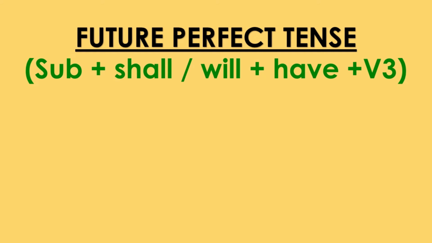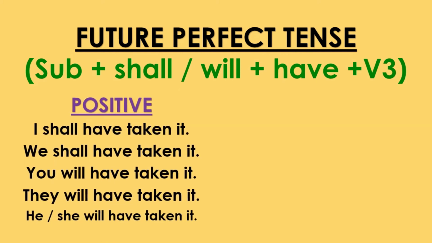Look at these examples. In the positive, it is I shall have taken it, we shall have taken it, you will have taken it, they will have taken it, and finally, in case of third person singular number, it is either he or she will have taken it.